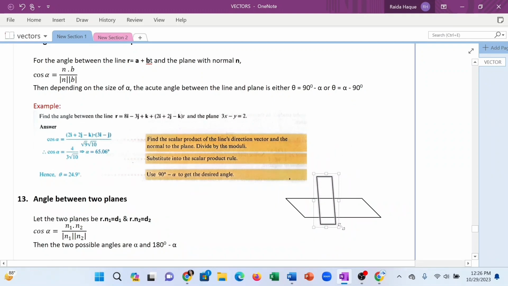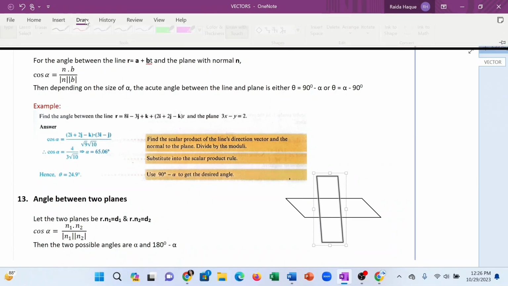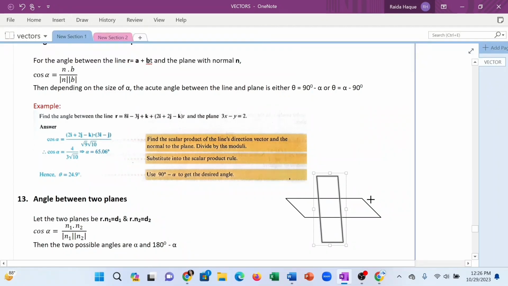We know that planes intersect at an angle, right? So over here, the line at which they're intersecting is somewhere like this.